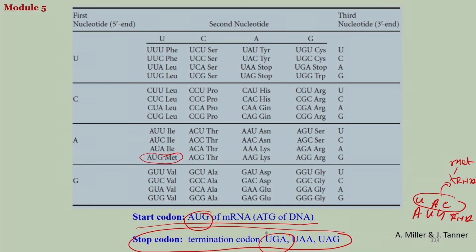UGA is a stop codon, UAA, so it is all U sequence, UAA is a stop codon, UAG is also a stop codon. So, these 3 are the stop codons. So, you have to remember, whenever you stumble upon these sequences, then your amino acid synthesis will stop.